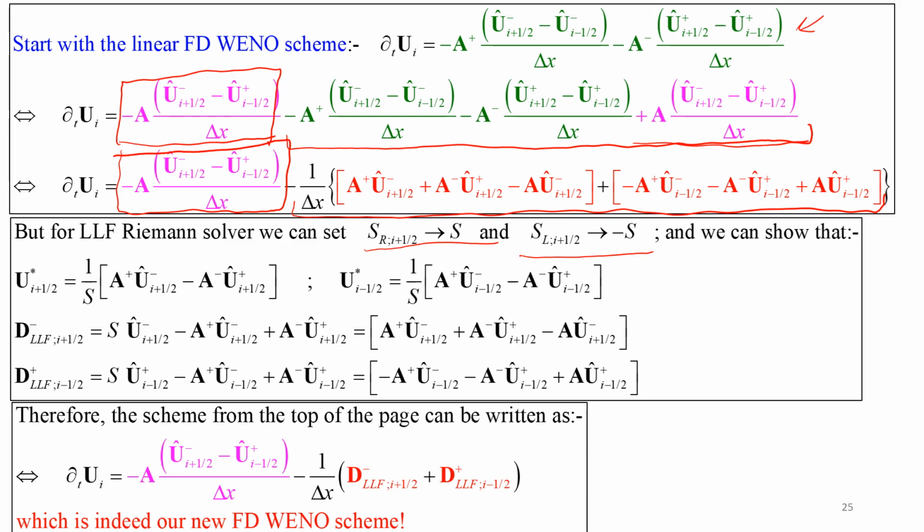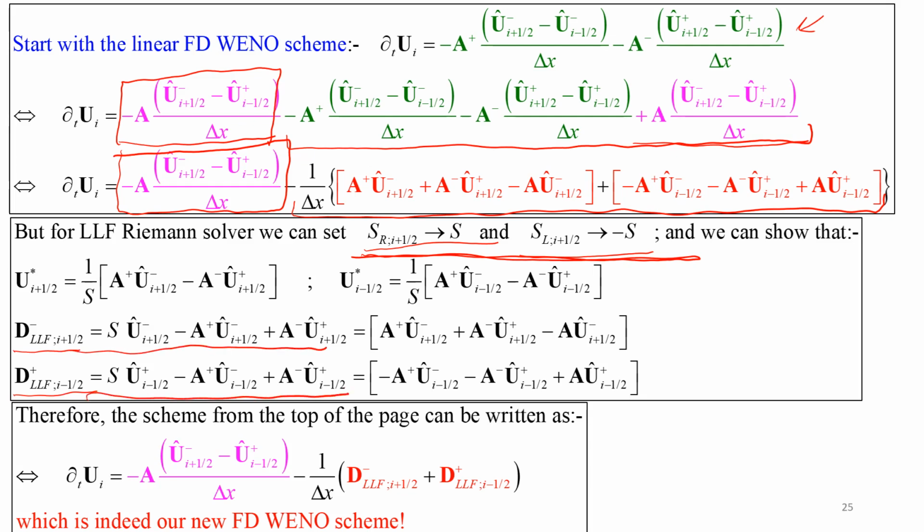So with that, you can just go through the machinery of an LLF type Riemann solver. This is the HLL Riemann solver with these specific limits on the wave speeds. And so you can go through the machinery of that, and you can obtain an expression for D minus and an expression for D plus, which are these expressions out here.